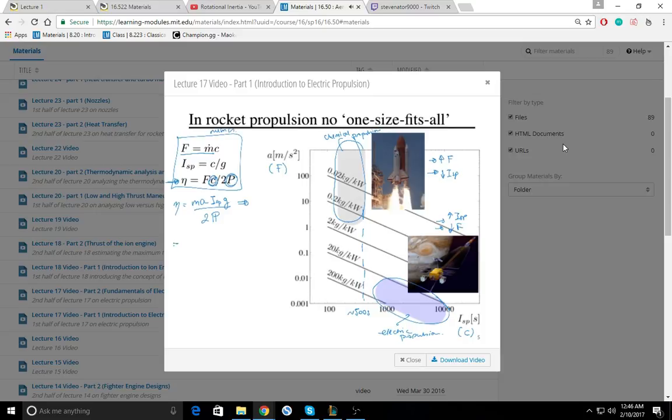So rearranging this, we can say that the acceleration achieved by our vehicle is equal to 2 times the power divided by the mass, so that's a specific power, times the efficiency, times the specific impulse to the -1 divided by gravity.